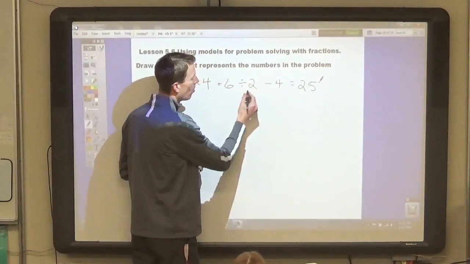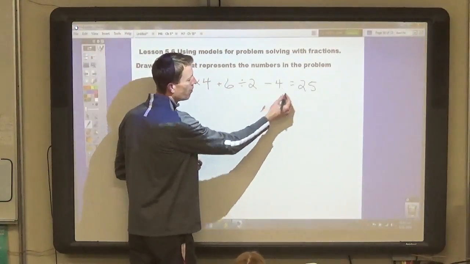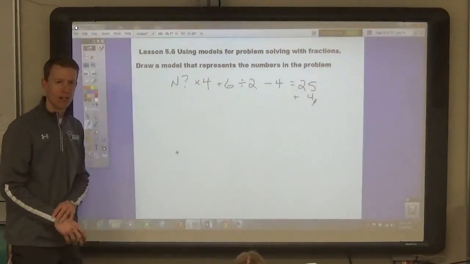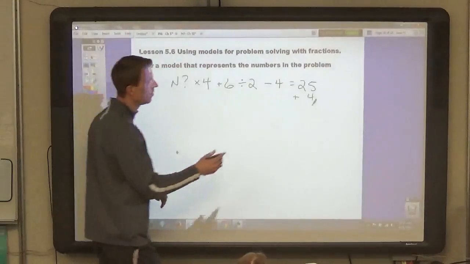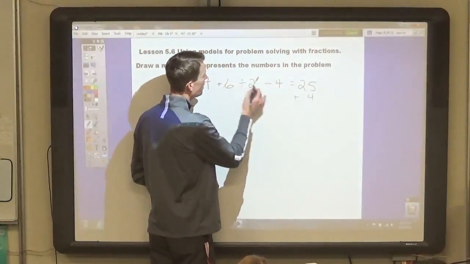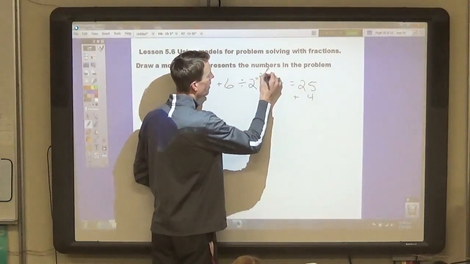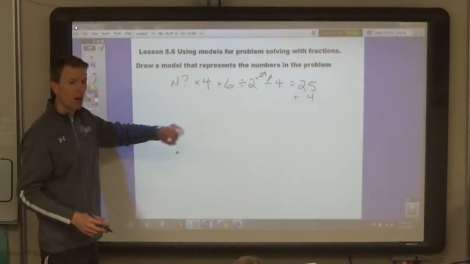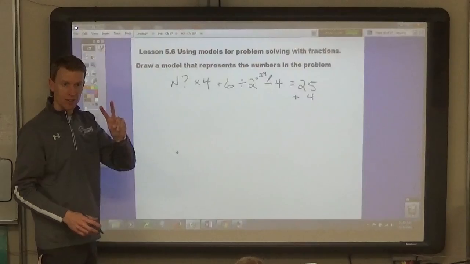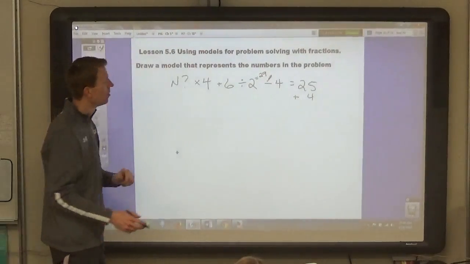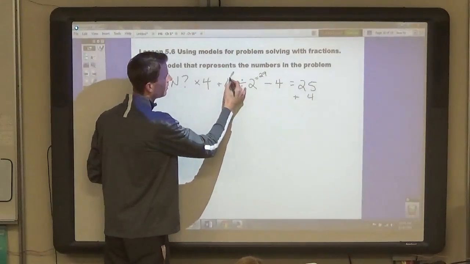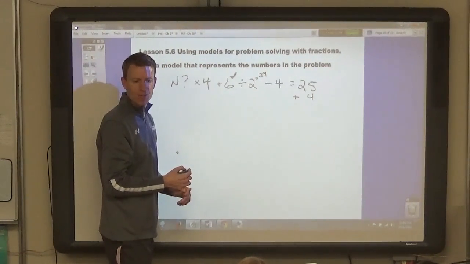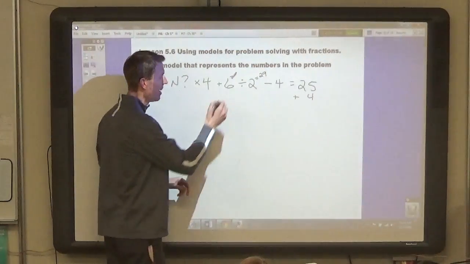So, in order to get this, if we add 4, right? 29. So this equals 29. And then multiplied by 2. Then this equals what? 58. Good.